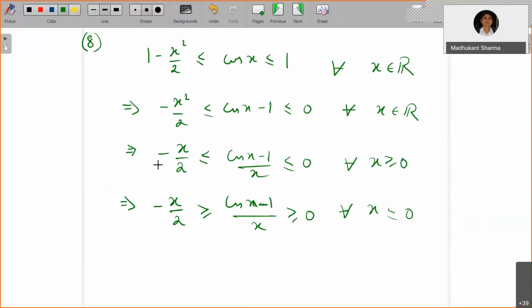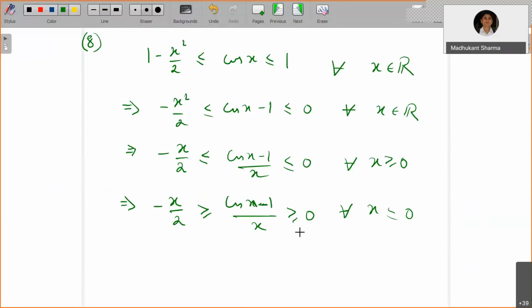Again you follow a similar argument. Define f of x as minus x by 2 when x is greater than or equal to 0, and 0 when x is less than or equal to 0. And g of x is 0 when x is greater than or equal to 0, and minus x by 2 when x is less than or equal to 0. This is your h of x. You can apply the squeeze theorem in both cases, as limit x tends to 0, both tend to 0.